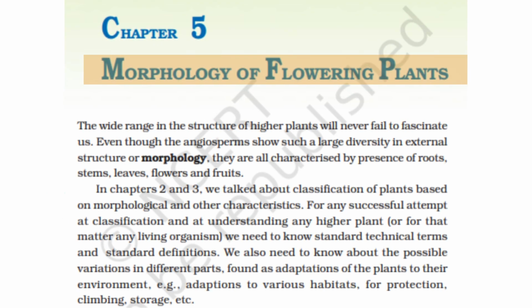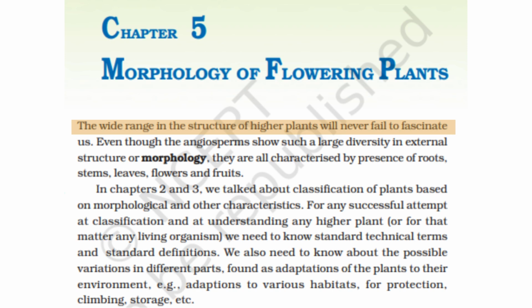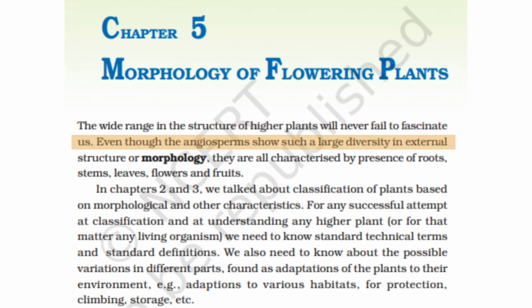Morphology of flowering plants. The wide range in the structure of higher plants will never fail to fascinate us. Even though the angiosperms show such a large diversity in external structure or morphology, they are all characterized by the presence of roots, stems, leaves, flowers, and fruits. In chapters 2 and 3, we talked about classification of plants based on morphological and other characteristics.